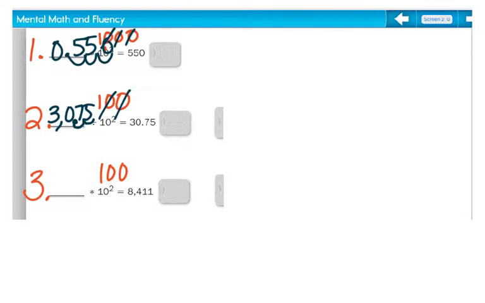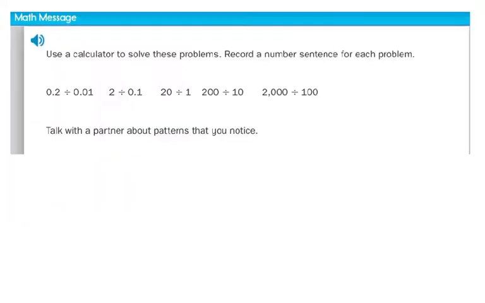And when you multiplied by 100, you started off with 84 and 11/10. And you moved your decimal point 2 places, 1 for each 0.